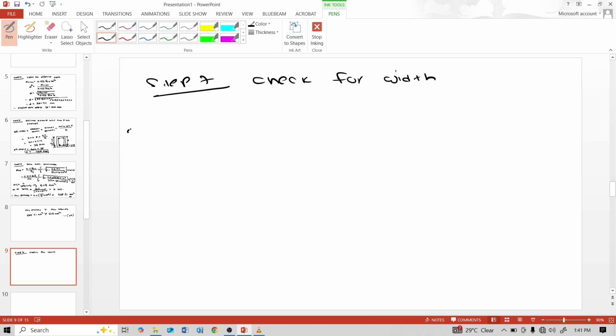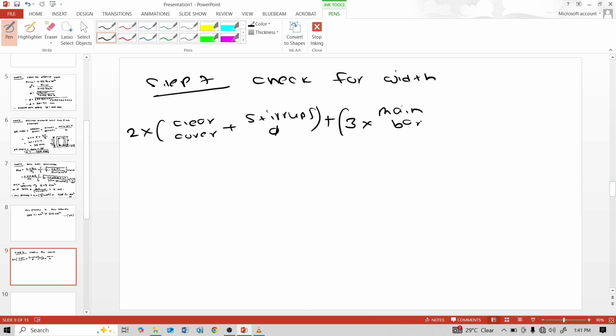Formula: 2 into clear cover plus stirrups diameter plus 3 into main bar diameter plus 2 into spacing between bars.